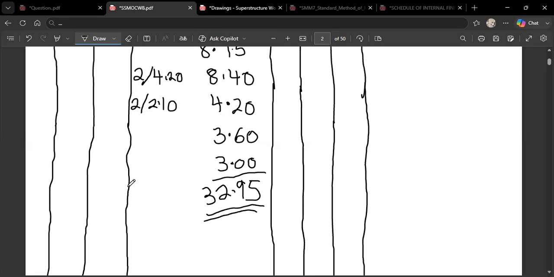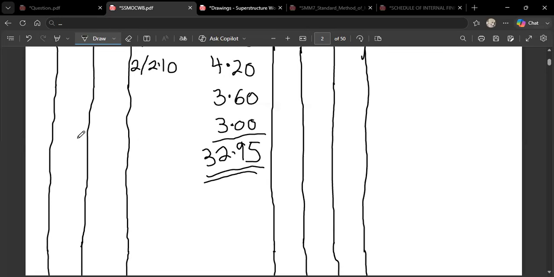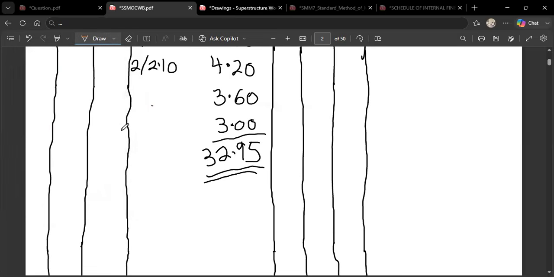So I'm just going to do my squaring, and then life is much easier. So quickly, I'm going to write 32.95. Then I'm going to multiply it by the height of the room. They said the height of the room is 2,900. That is what is going to give me the height that we did initially.